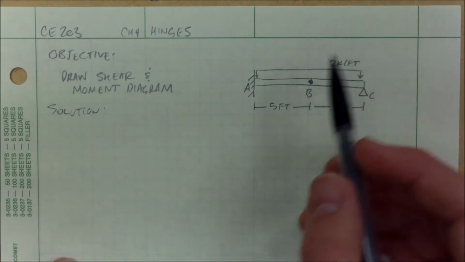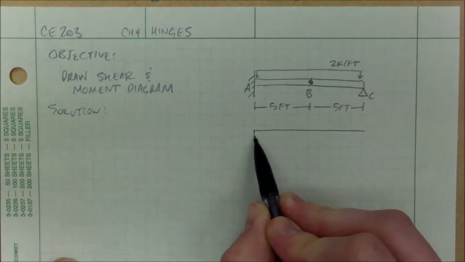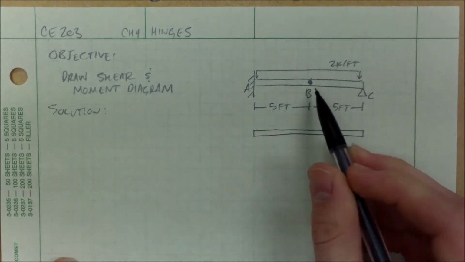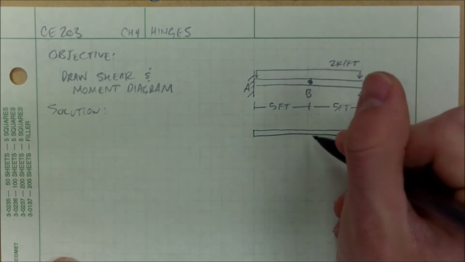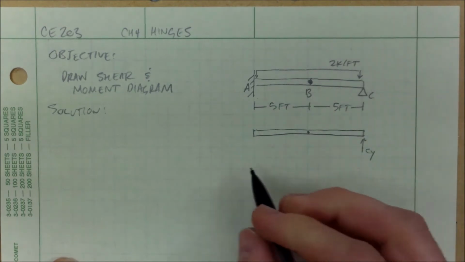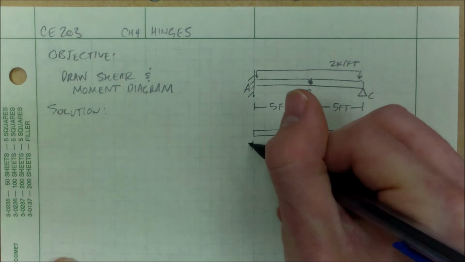In order to do that, I'm going to first draw my free body diagram for everything together, as if there was no hinge. I'll still draw a little dot just to remind me, but I'm not going to consider any internal forces there.